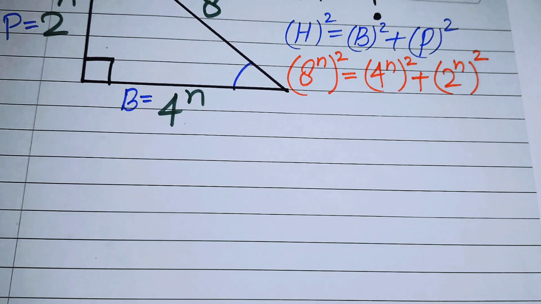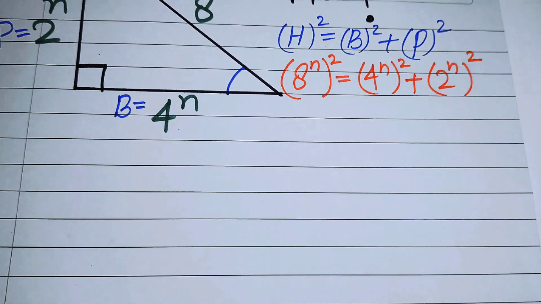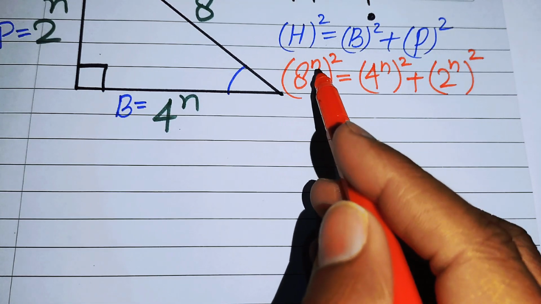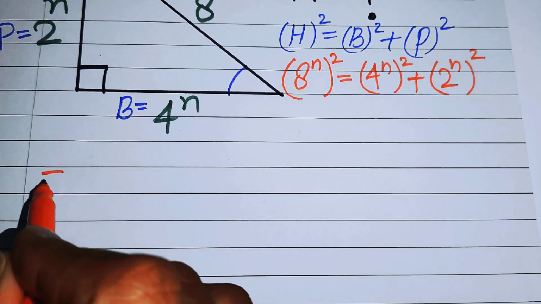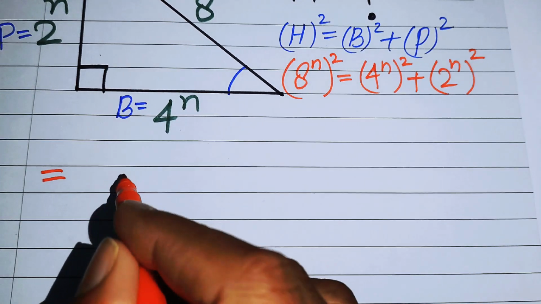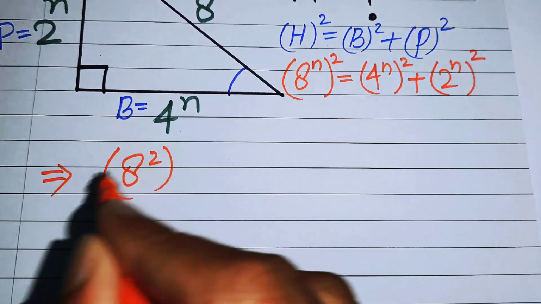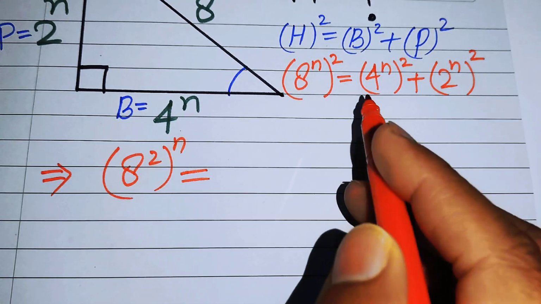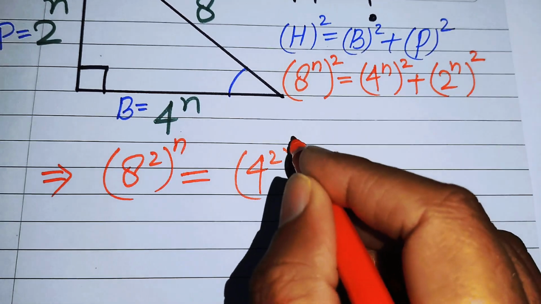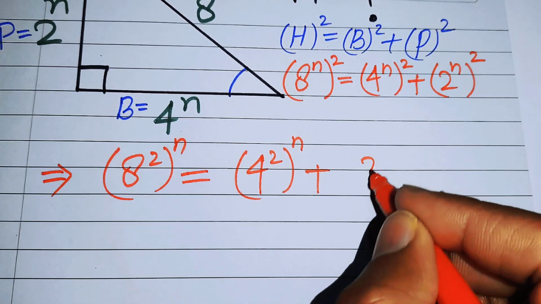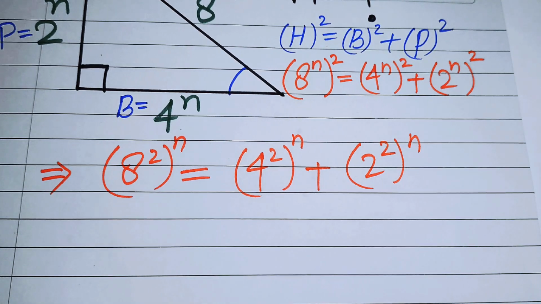So now we solve this nice equation, and we move towards our final answer, which is to find the value of n. Here we first interchange the two exponents on all these terms. When you interchange these two exponents, we write it as 8 squared and its whole power n equals 4 squared and its whole power n, plus 2 squared and its whole power n.